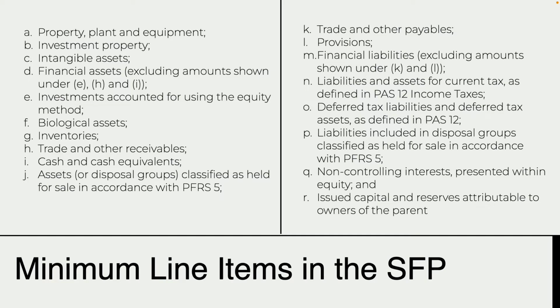Then, liabilities included in disposal groups classified as held for sale in accordance with PFRS 5. At letters Q and R naman pertain to the capital under corporation, or other big company. So we could have non-controlling interest presented within equity, and issued capital and reserves attributable to owners of the parent. Okay, so Q and R pertain to the capital.